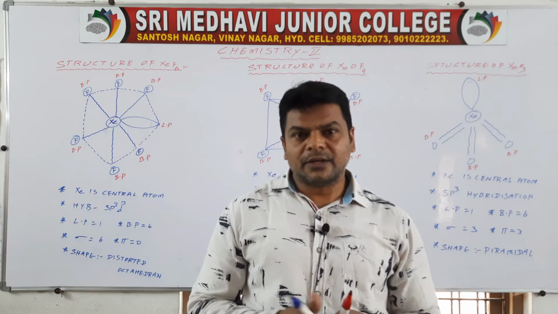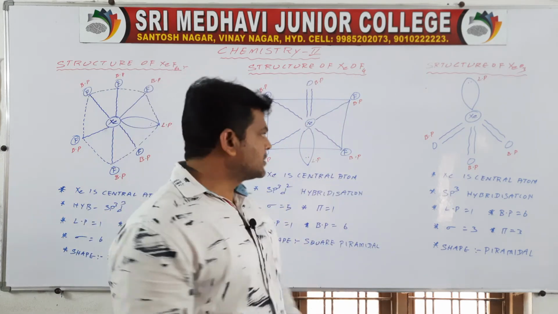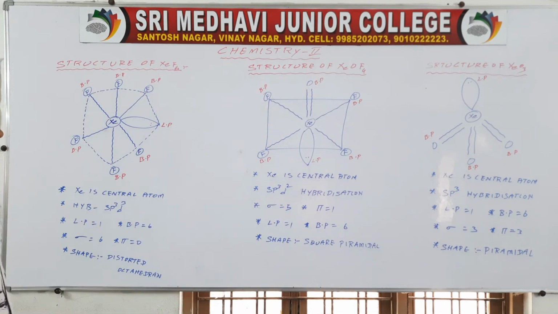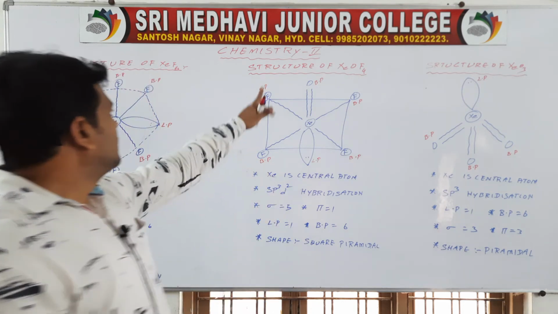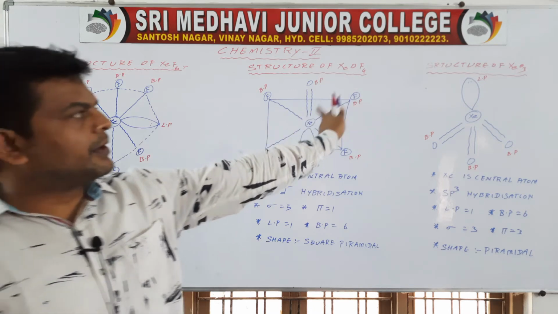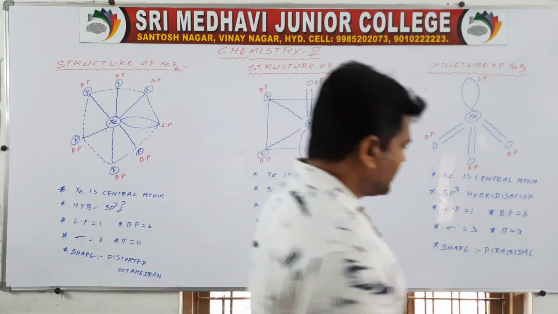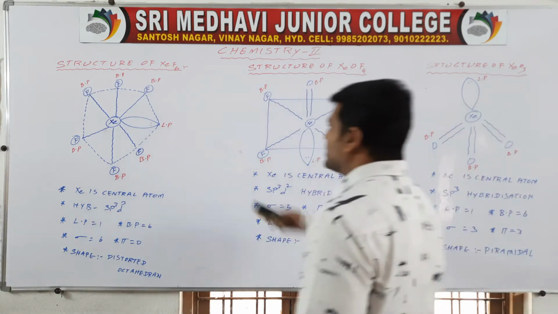Why? And neon uses. So you have to discuss these two very short answers. So these are the structures of XeF6, XeOF4, XeO3. Very important for 2 marks or 4 marks. Okay. So next we will discuss some very short answers.